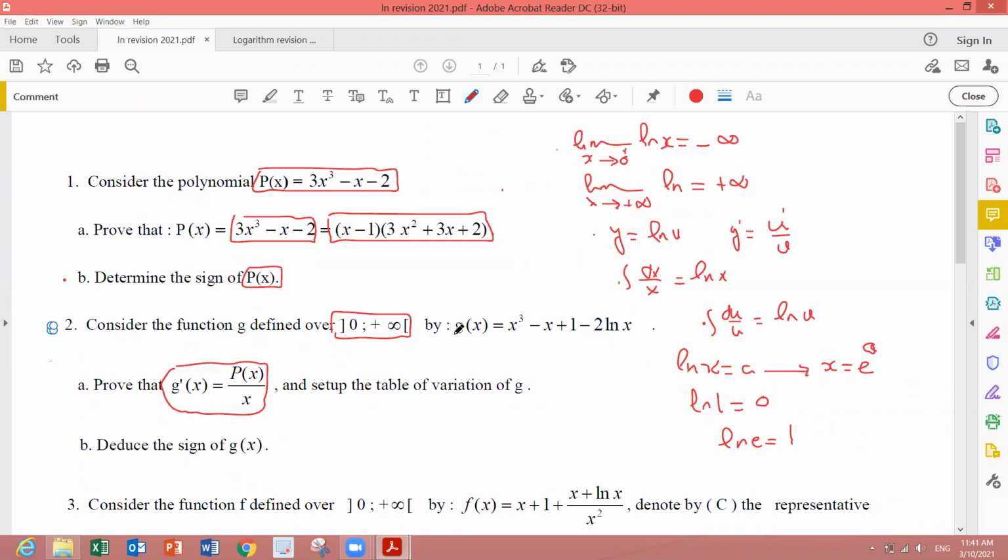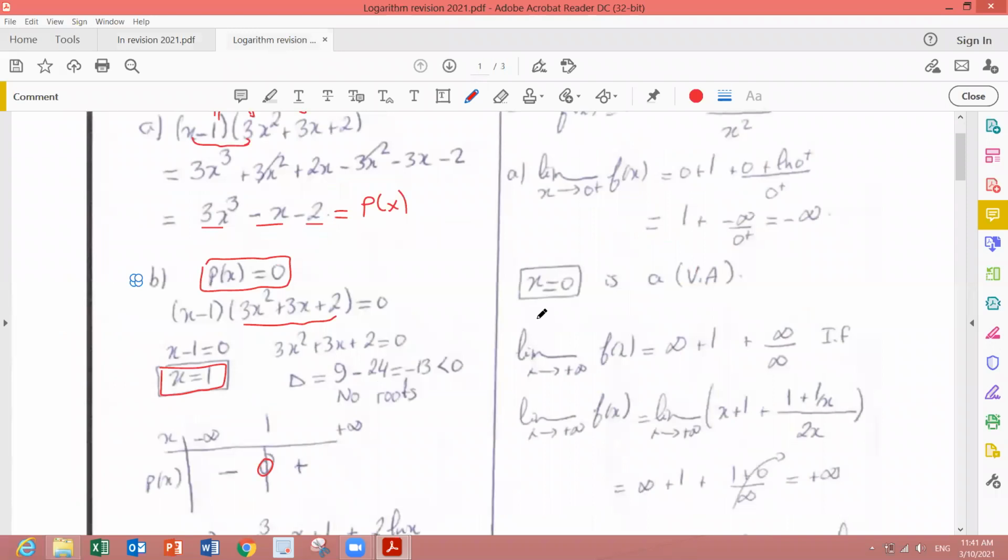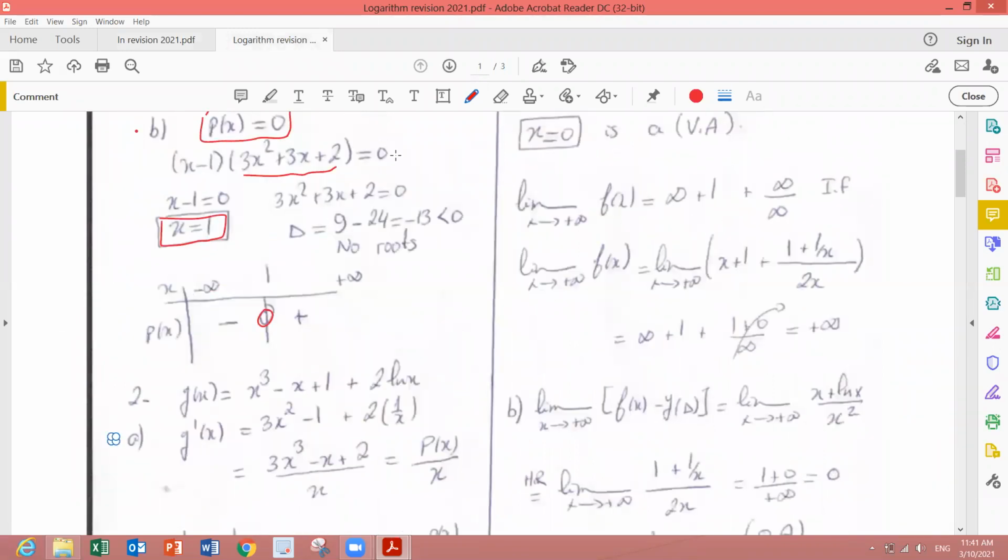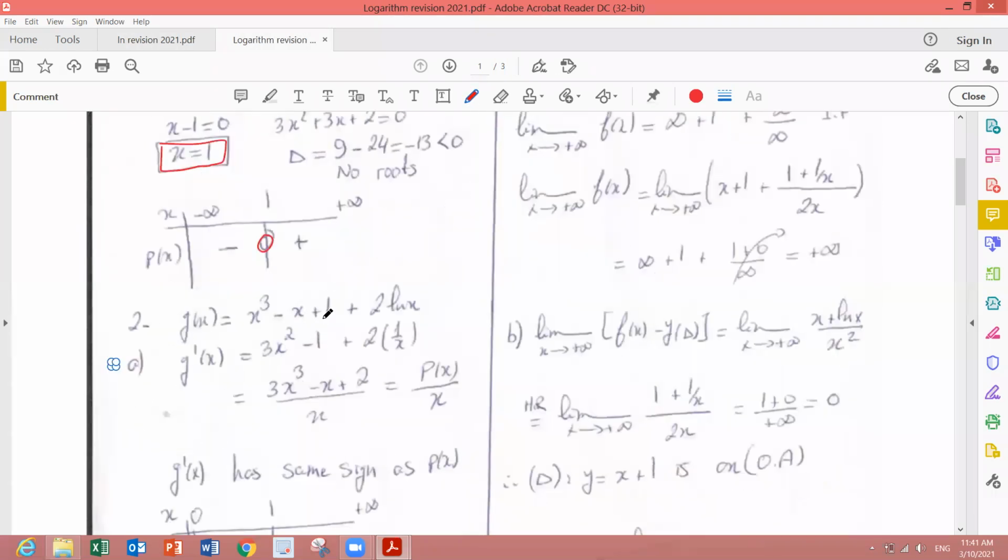How to calculate the derivative of g? What is the derivative of x cubed? 3x squared. Minus, what is the derivative of x? 1. Minus 1. So g prime x equals 3x squared minus 1.